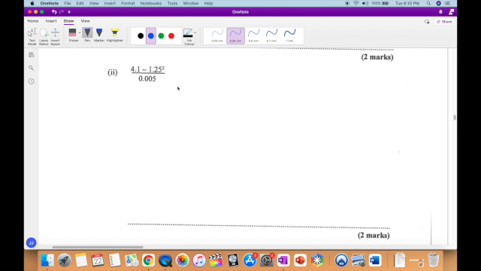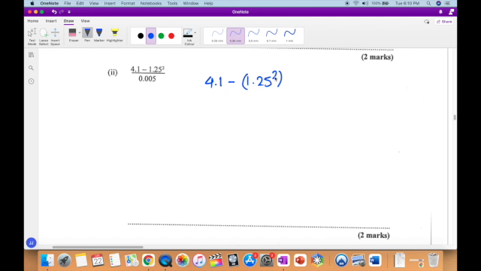And in terms of this one, 4.1 minus, on the calculator, I would actually use brackets here. And I would press the x squared button there, just to get those brackets there. And I would actually work that first. So 4.1 minus, open brackets, 1.25 squared, close brackets.